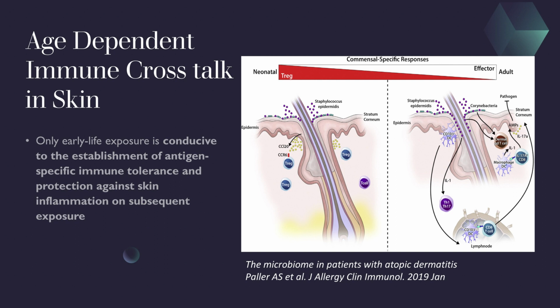Whereas when the same thing is introduced in an adult, you see a lot more inflammation. Th1, Th2 inflammation starts, and it causes more inflammation at an adult stage with the same bug, actually. So the neonatal period is really, really important in introducing these bacteria and getting them to tolerate it as well.